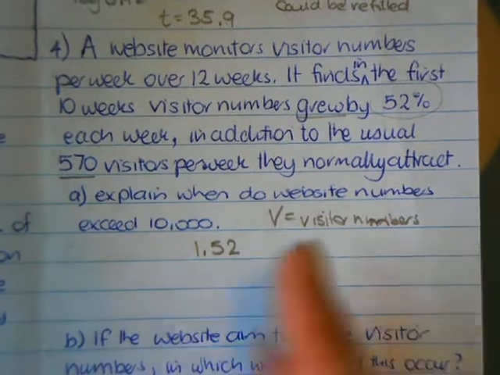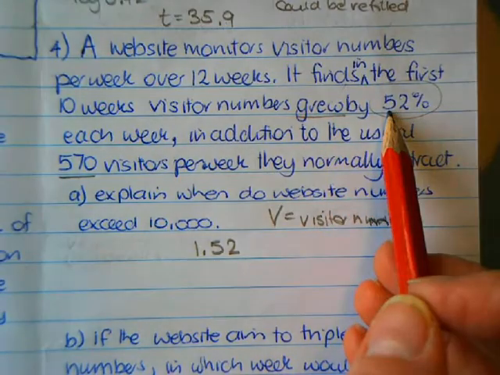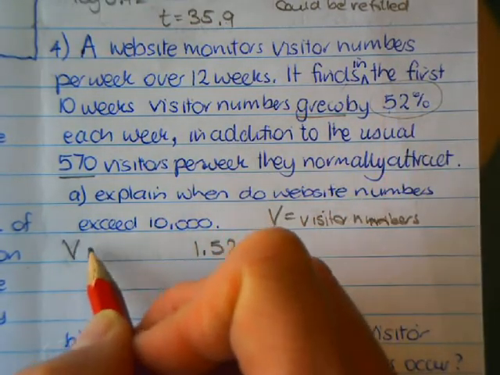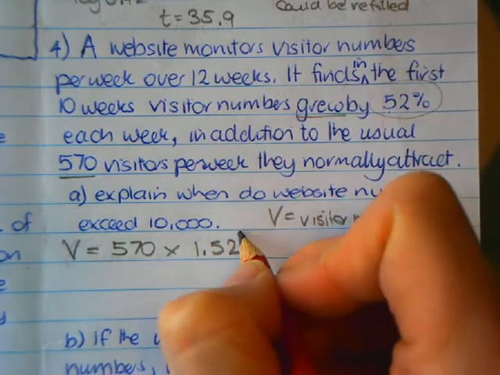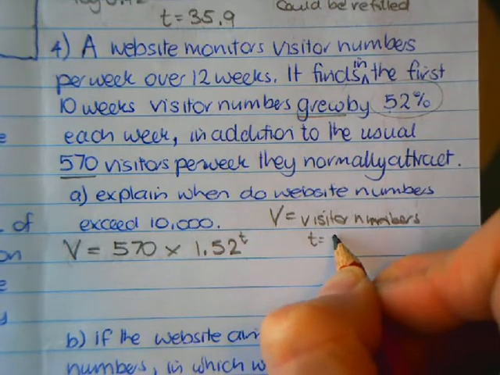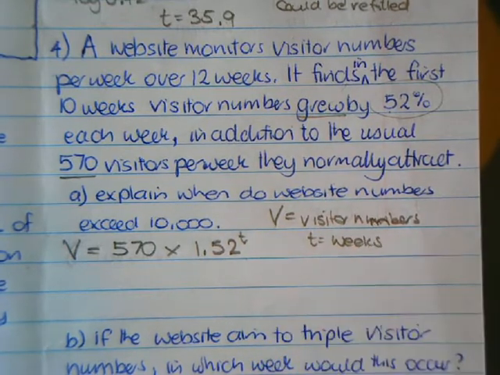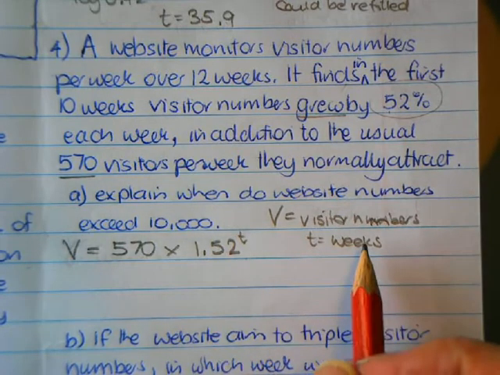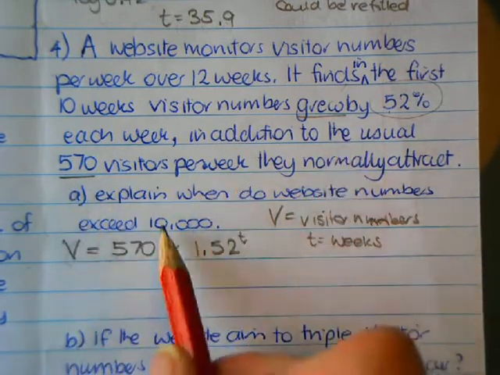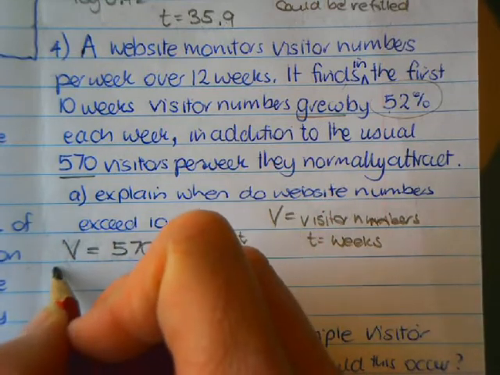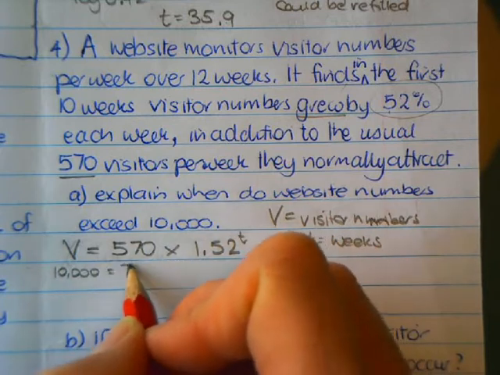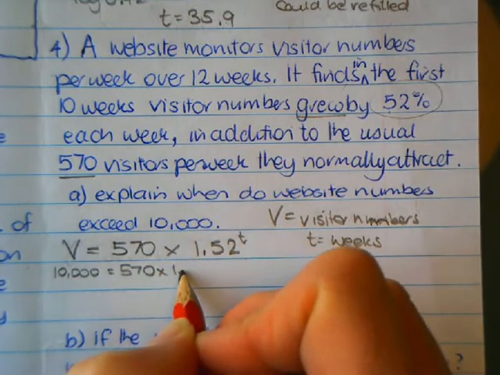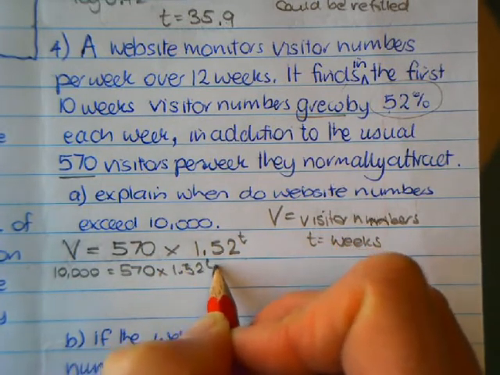Okay, and then we also know that it is growing by 52%. So that's 1.52. As opposed to over here, where we had a decrease of 8%, which is 0.92^t, an increase means we're going to multiply by the multiplier 1.52. So visitor numbers equals the initial 570 times 1.52^t, with t being the number of weeks as time goes by.